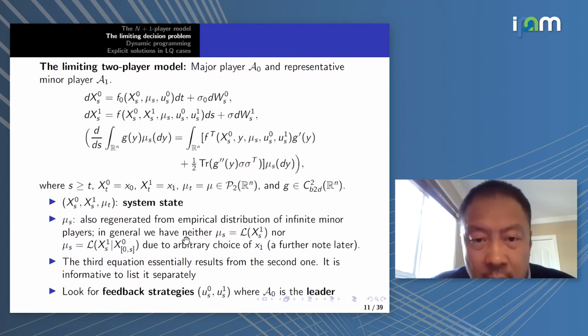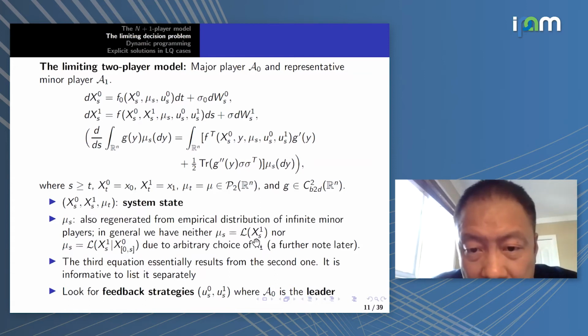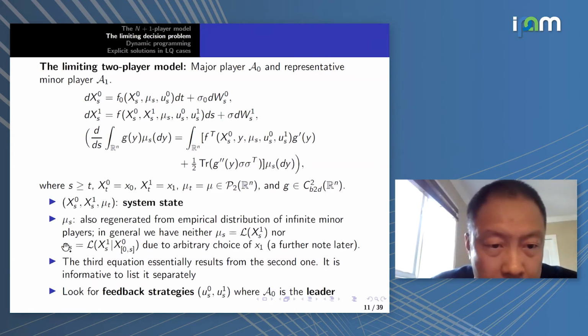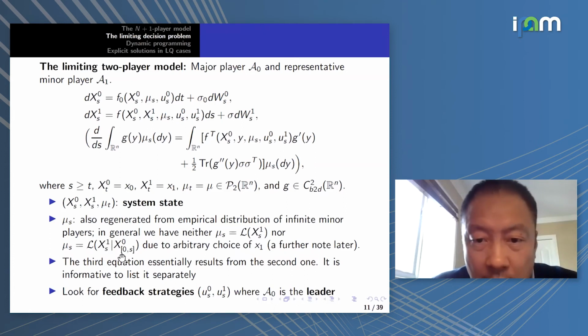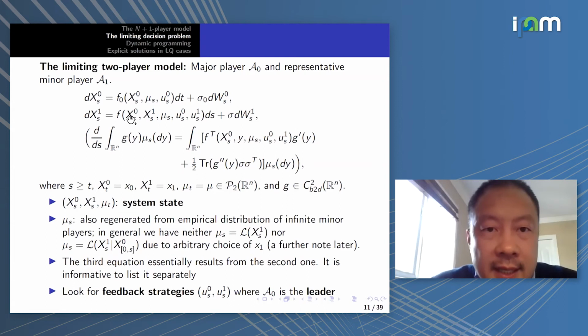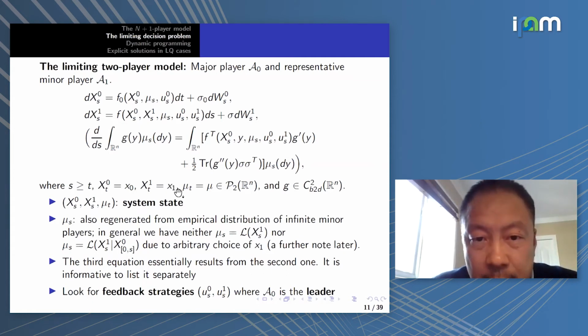In general, we have neither mu s equal to the law of the minor player, nor mu s equal to the conditional law. Why? The reason is that here we have an arbitrary choice of x1. We have the freedom to choose any x1, and also for the mean field measure flow, we can arbitrarily assign the initial condition.